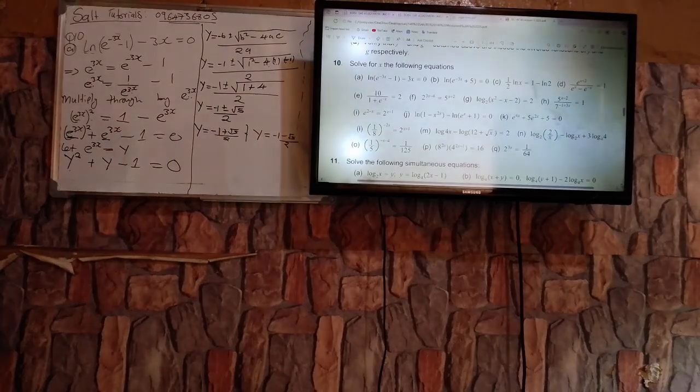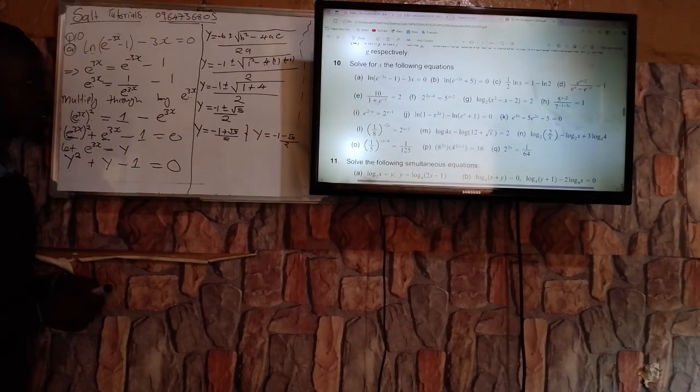The square root of 5 gives us 2.24 to two decimal places.